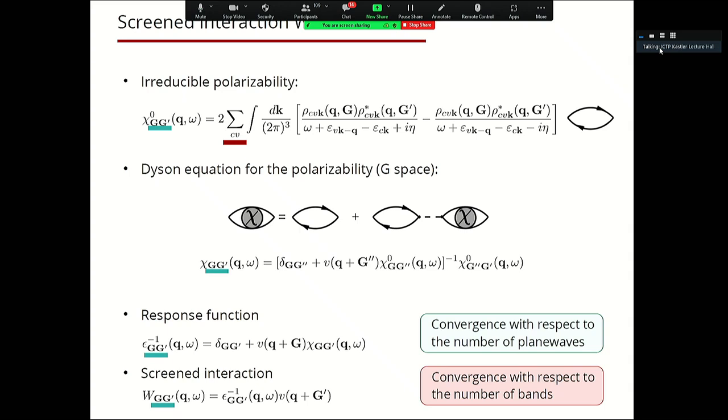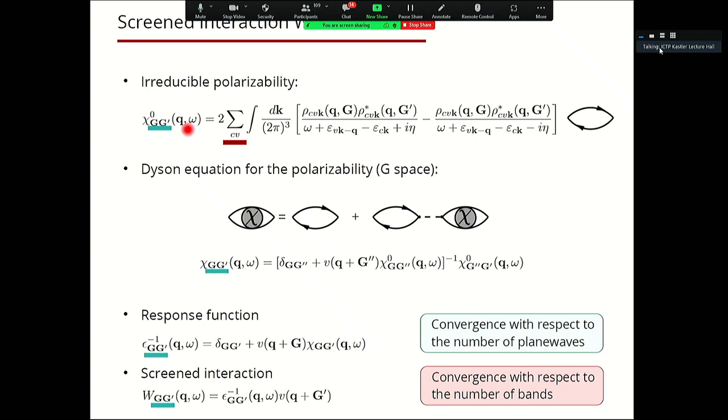Then it's also important to note here the fact that we need to truncate the basis representation. So, as I said before, we need to compute these matrix elements on a finite matrix, so we need to cut off the number of plane waves. And also we need to truncate the sum over unoccupied states.